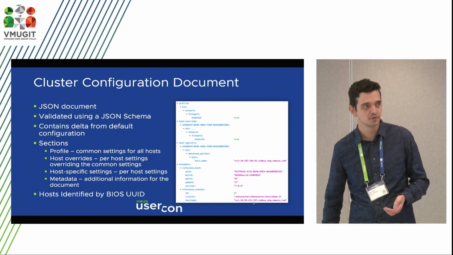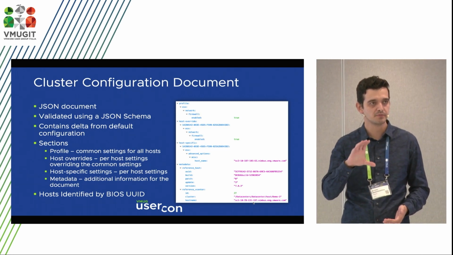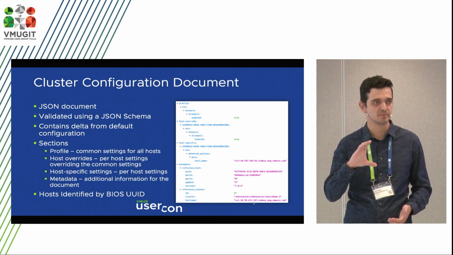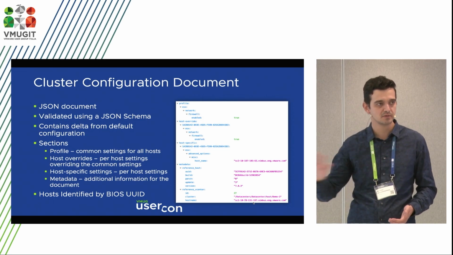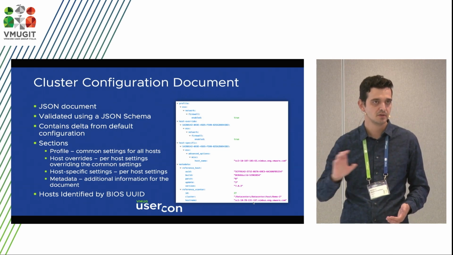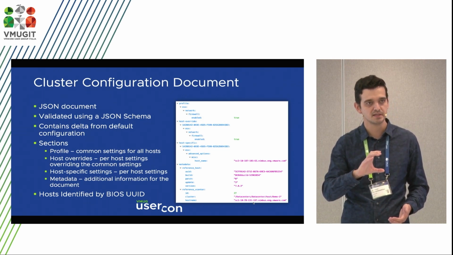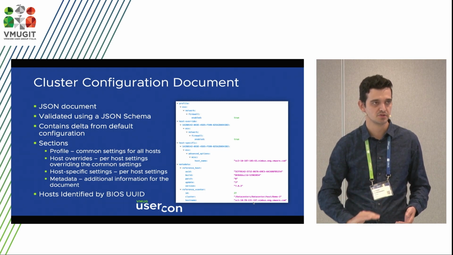So with config profiles, all of this is in one JSON document. So you have the profile section of the document which describes all settings which are common throughout the cluster. So all hosts have the same settings. You have also the host-specific settings, which are settings that are specific for each of the hosts. For example, in the case with manual DHCP, this will be the static IPs that are assigned to each of the hosts.